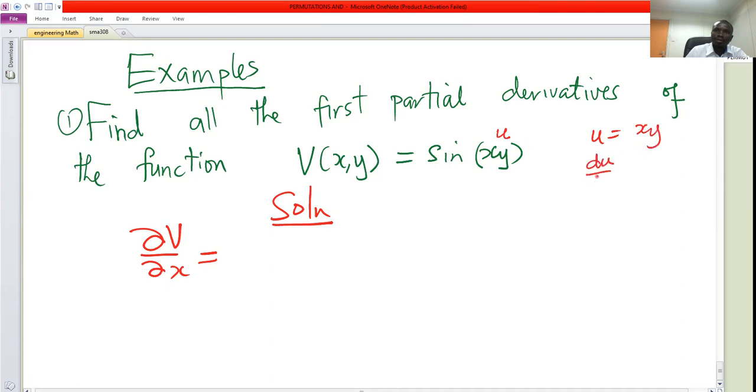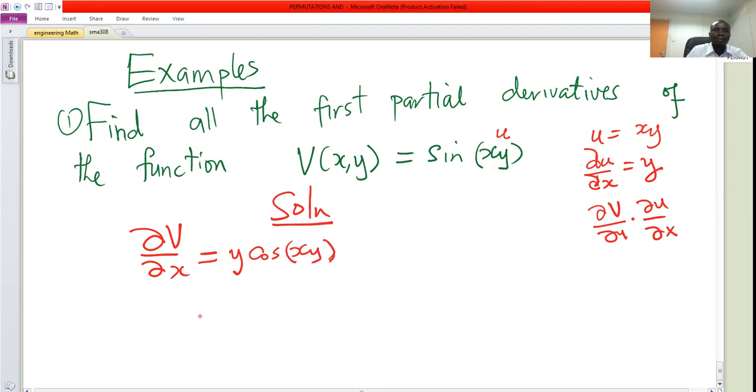So partial u partial x is just y. So partial v partial x is partial v partial u times partial u partial x. Partial u partial x is y, and when you differentiate sine of u, you get cosine of u. So it is y cosine of xy.